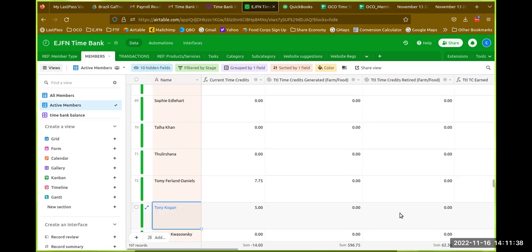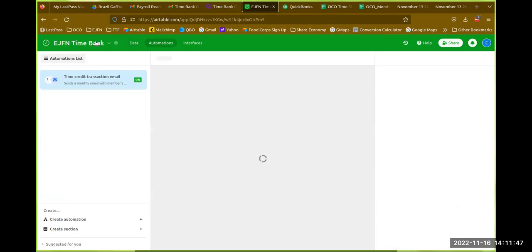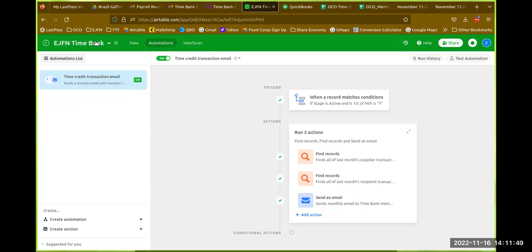Did you code format it, like HTML style codes? Yes, I can show you the automations. I know Em, you're familiar with Airtable. I don't know, Tony, Anna, Dragosh, if you're familiar with Airtable and how it works. At the top of each database, you have these 3 headings, buttons, I don't know what they're called.